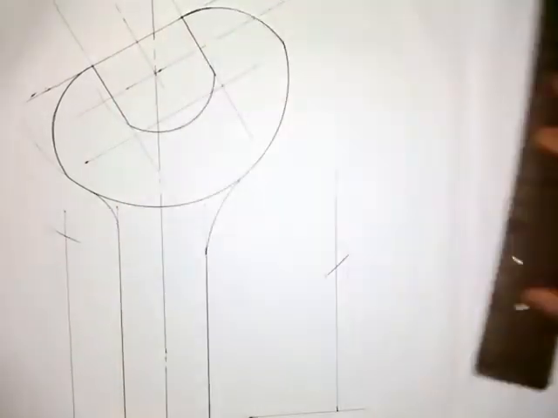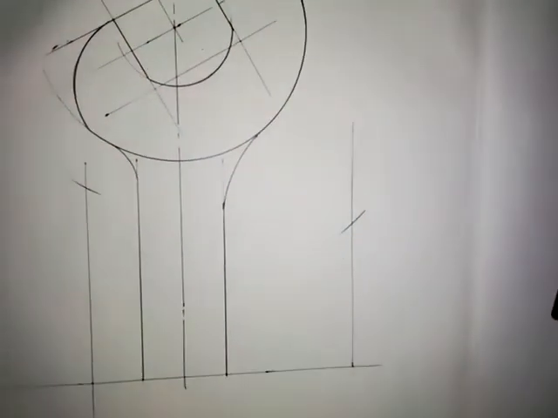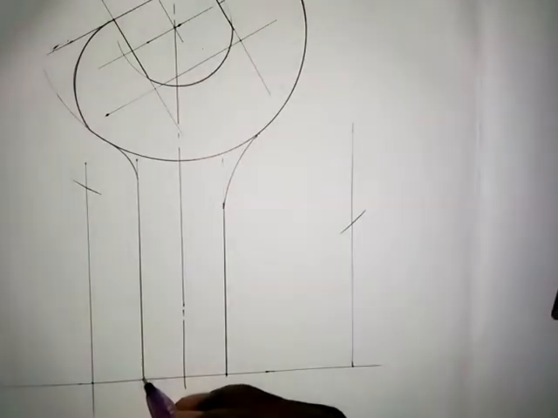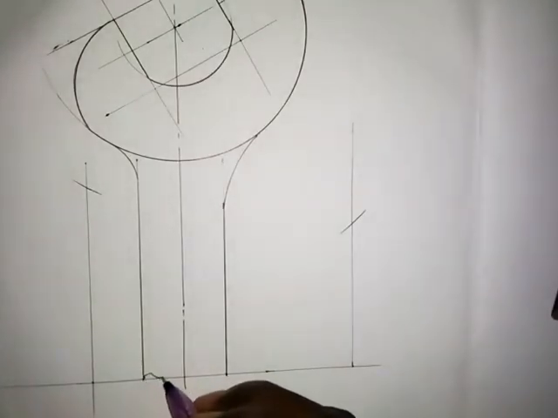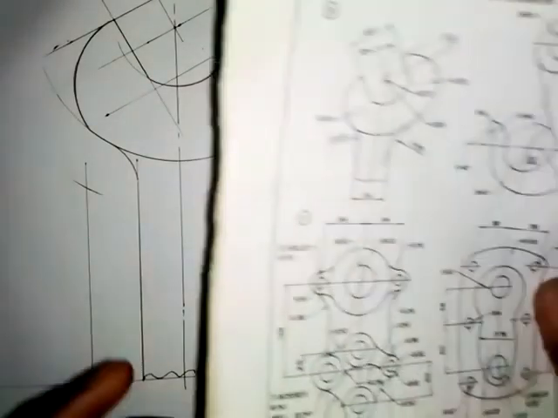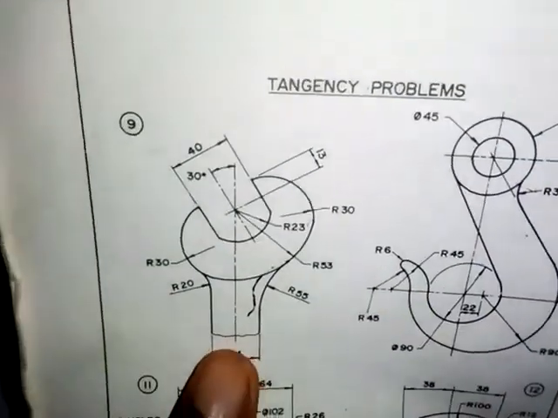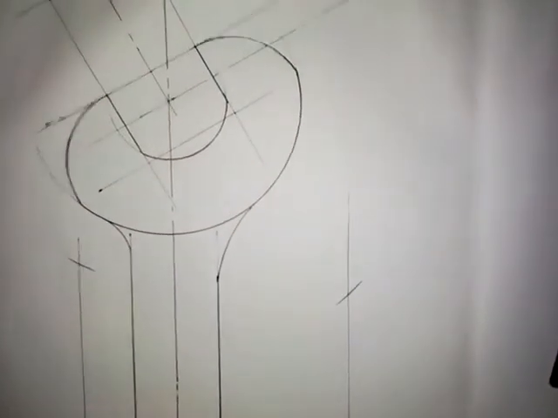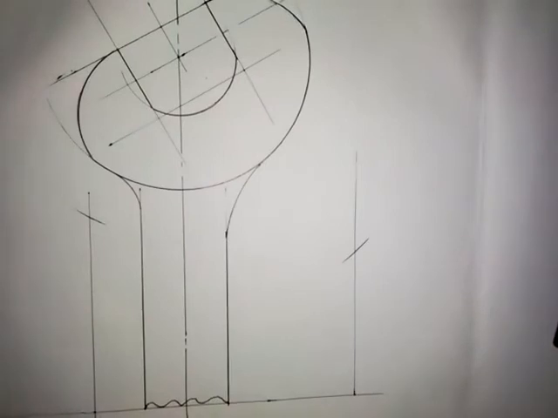Then I can put the shape or the design that we have down here, that is a broken spanner. So I'll just make it like this and like this. So this is the spanner, and this is how you can construct it.